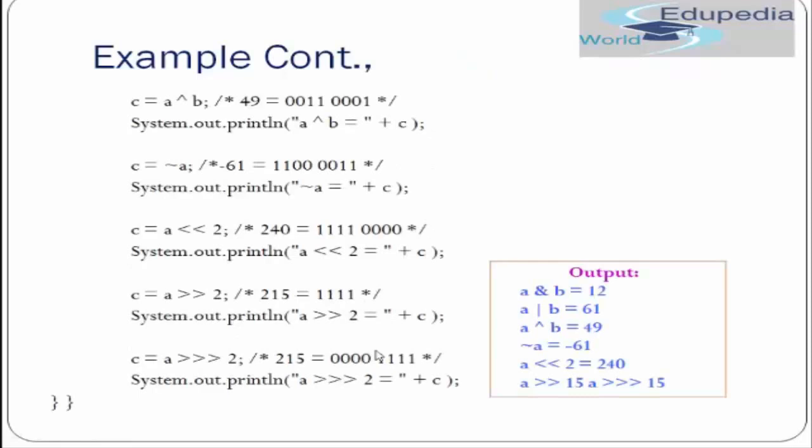Okay. So yeah, these are some more examples. Over here we are doing A XOR B. What happens in XOR is we'll get 1 only if the values we are doing XOR on are different, like 0 and 1.